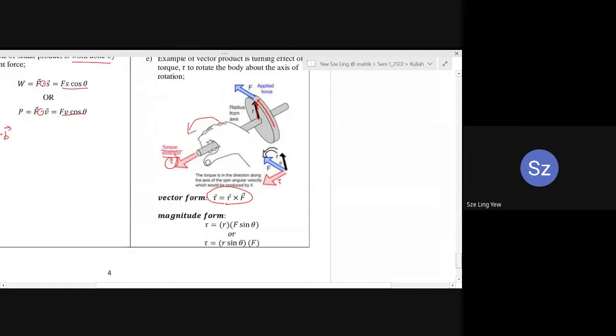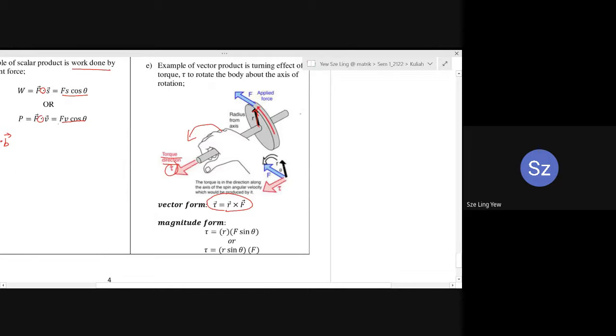Basically, these right-hand grip rules, which we use to determine direction, can be applied in any vector questions, any questions where you need to use a vector in the equation. So always look at the equation.